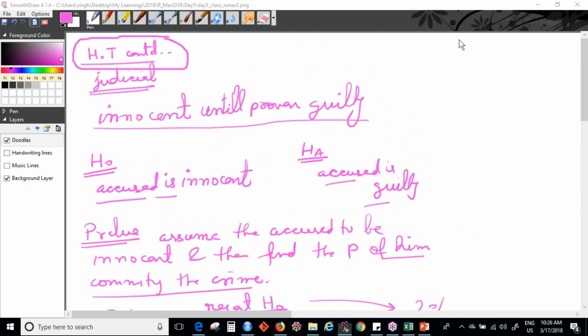So any doubts, guys, in hypothesis testing? So again, this is the theory part of machine learning. Even if you don't know this, you can still do very good in machine learning, even if you don't know all of this. But if you know this, it's always good, right? You will do better in interviews.